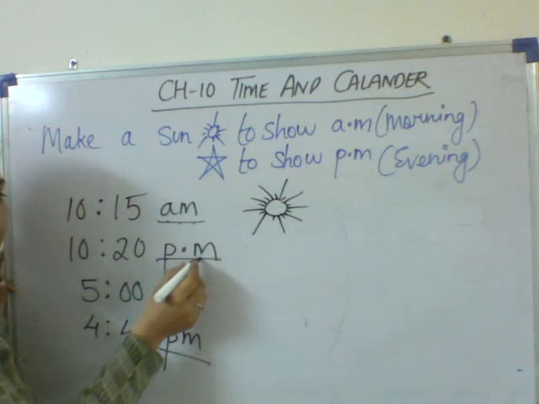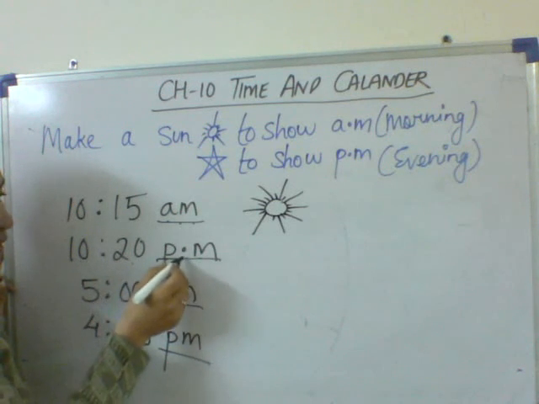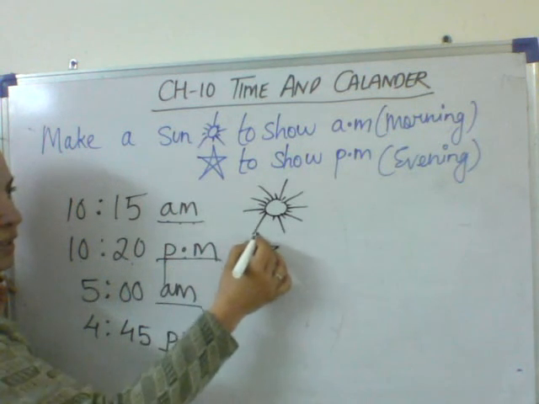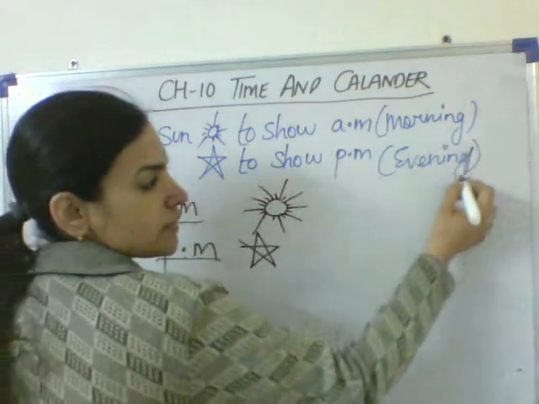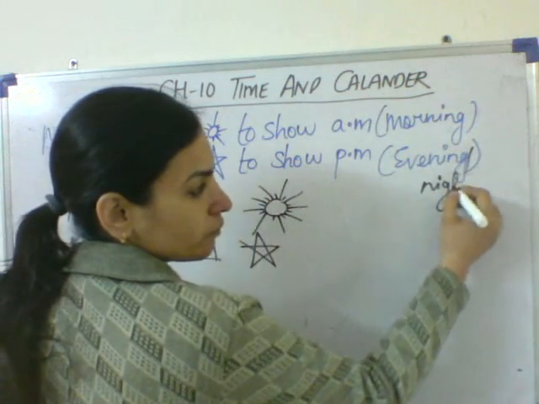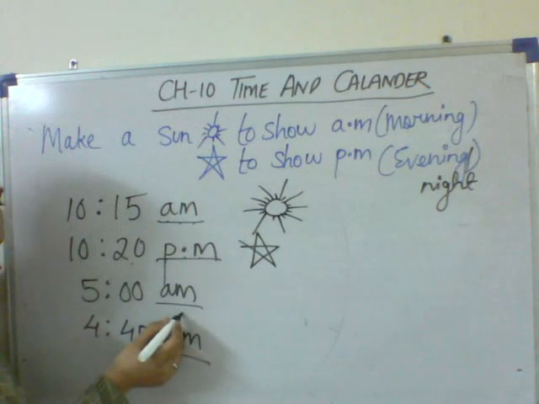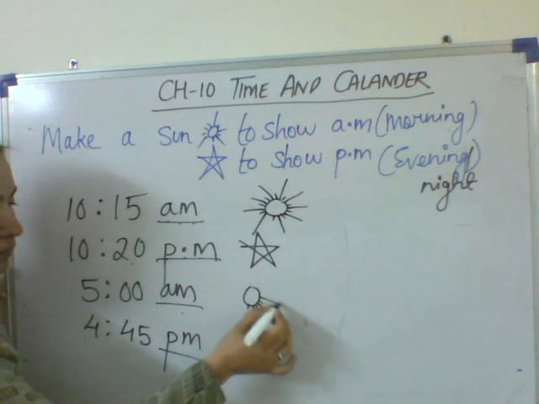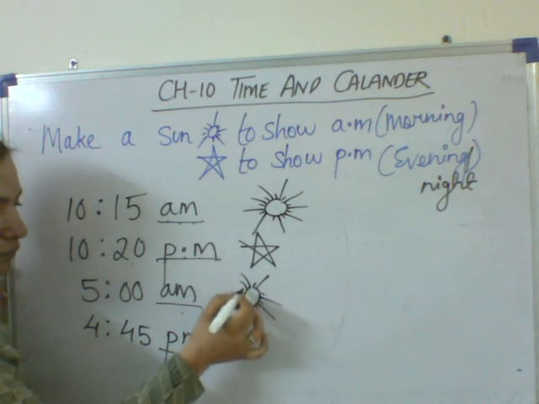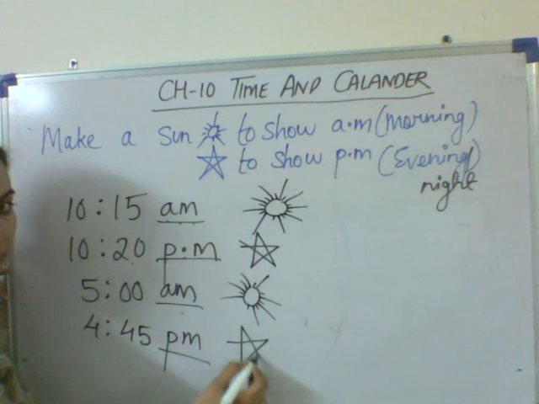Now here it is PM. PM means it is 10:20 in the night, so I will be drawing a star. Here evening, or we can say night also. Here 5:00 AM. AM means in the morning, so I will be drawing a sun. Here 4:45 PM. PM is there, so I will be drawing the star.